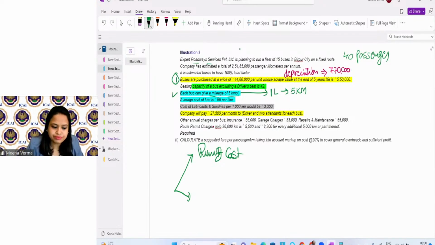And the cost of 1 liter is what? Rupees 66. So if you compare this information, 5 kilometers equals 66 rupees. So in 1 kilometer, what will be the cost for the company?